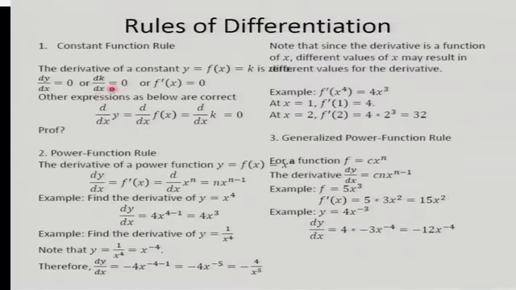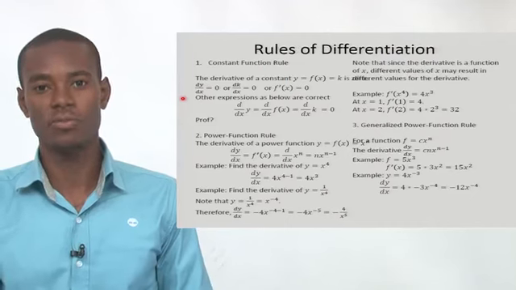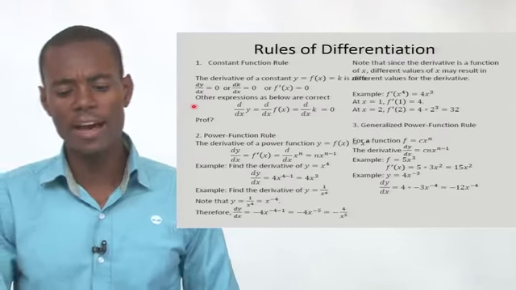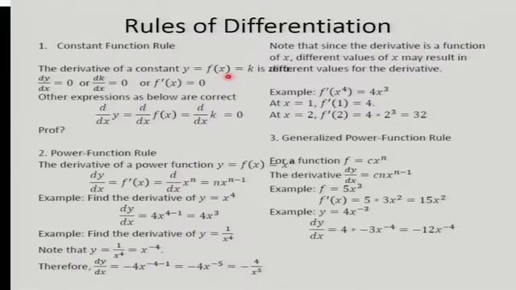And so if I have this notation here, dy dx, this is just saying I am finding the differential of a certain function with respect to x. Supposing I have a function, say y equals f of x.